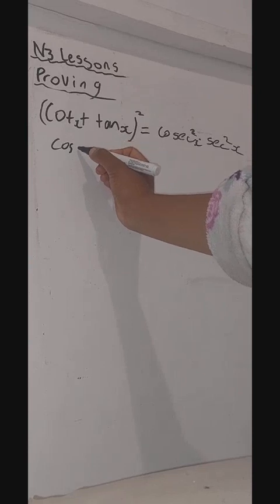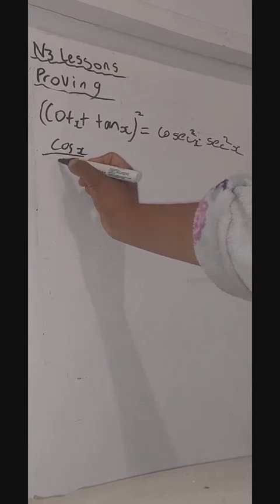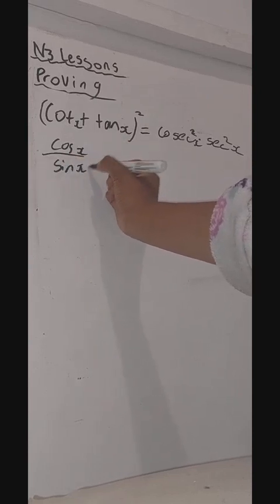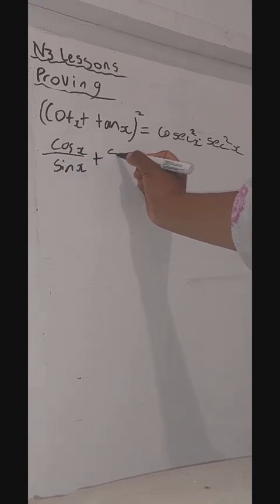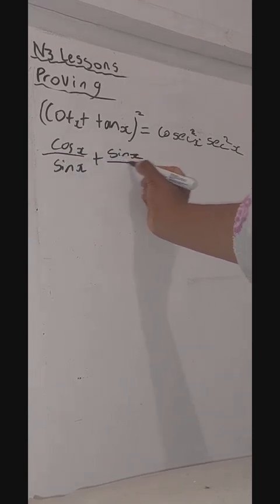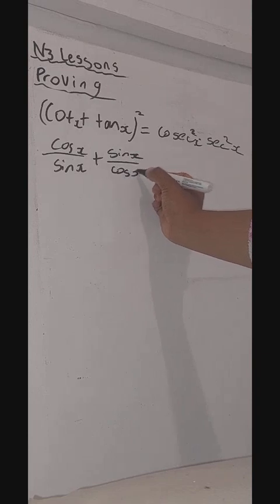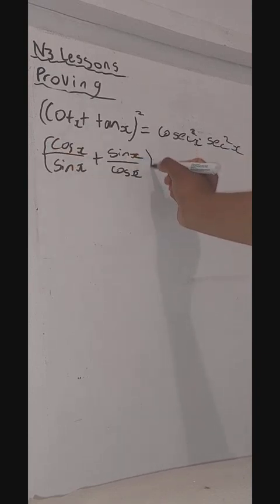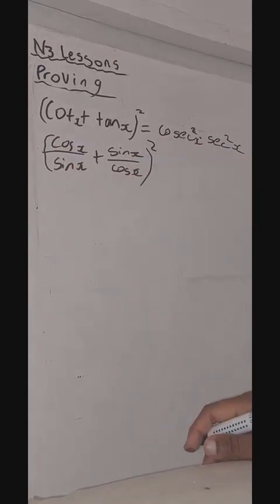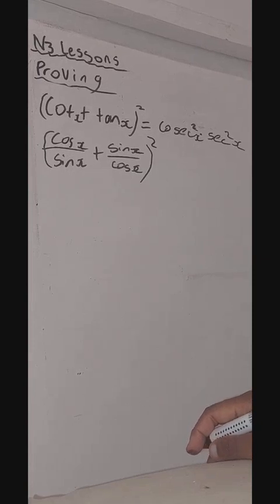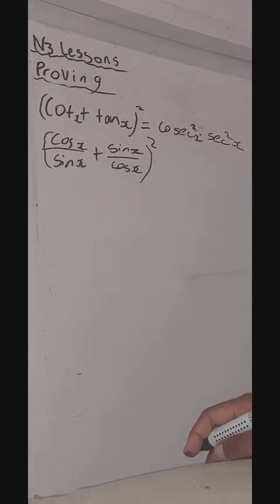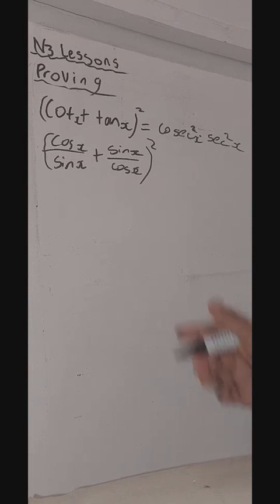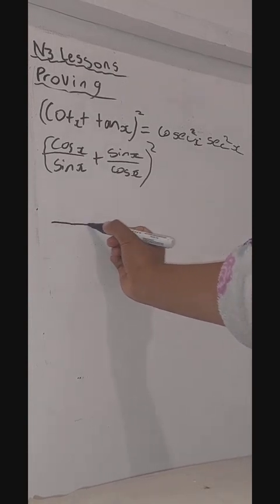Cos x over sine x plus sine x over cos x, and it will all be squared. Okay, we know from here we can do the LCD, lowest common denominator.